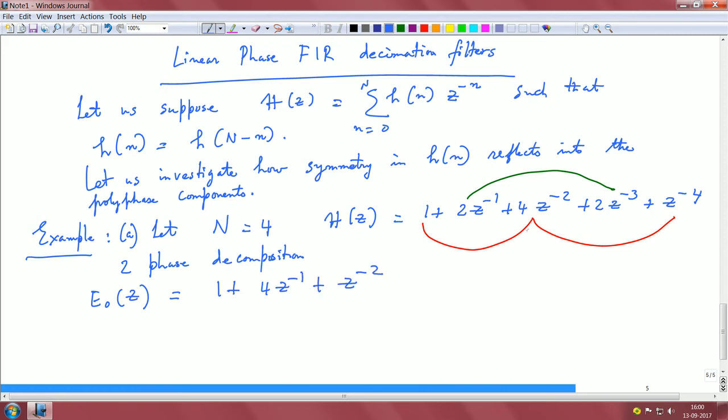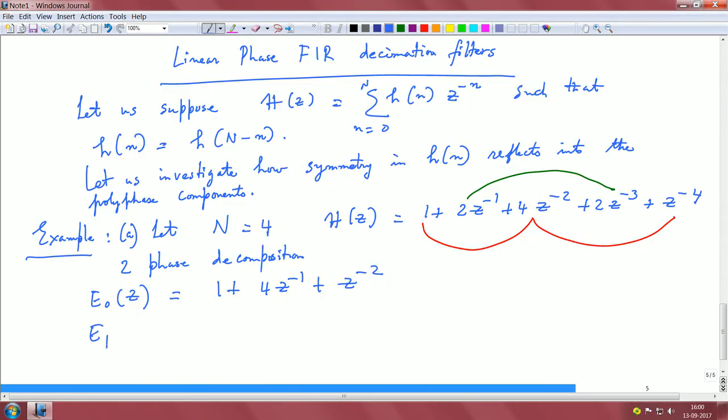Recall 1 plus 4 z power minus 2 plus z power minus 4 is E naught of z square. If you want to get the reduced order, you just look at E naught of z, which is going to be this, and similarly you have E1 of z, which is 2 plus 2 z power minus 1.